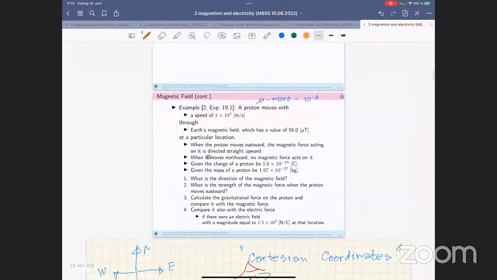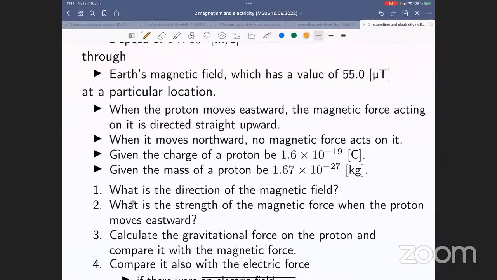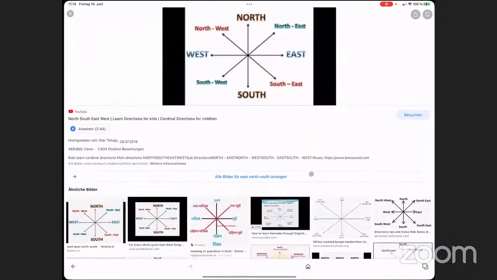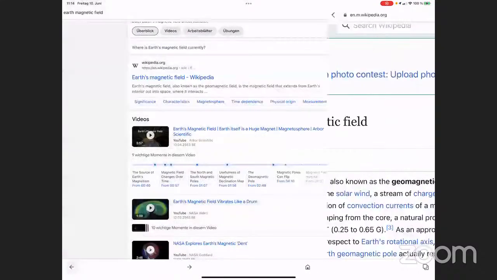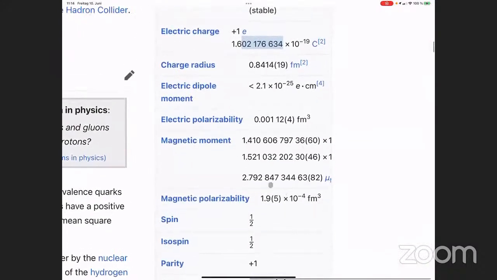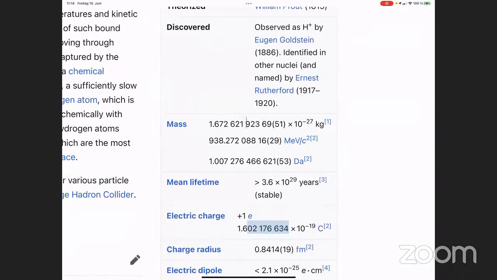Given the charge of the proton is 1.6 times 10 to the negative 19 coulomb, and the mass of the proton is 1.67 times 10 to the negative 27, but it's not the exact value. The proton mass has more precision than that, 1.6726 and so on.